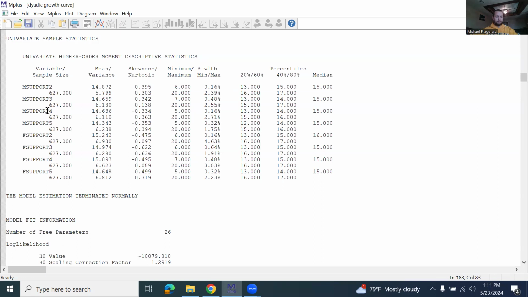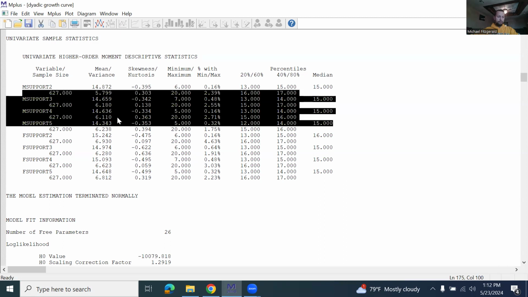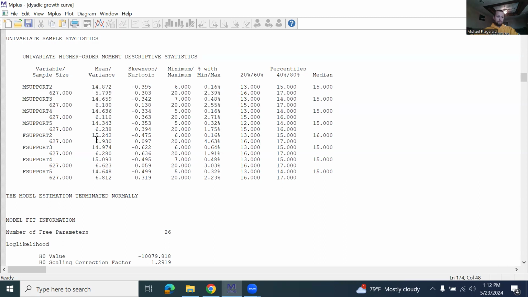And we can also get a general sense of what is happening in the slopes and perhaps even in the intercepts. So we look here and we have male support is 14.87, then 14.65, then 14.36, and 14.34. So we can begin to see, using our observed data rather than our estimated data, this is the raw data, there is somewhat of a decline for male support across the study.